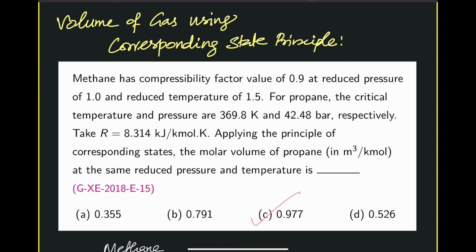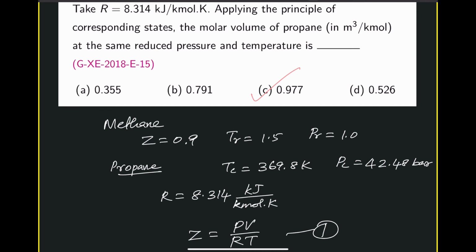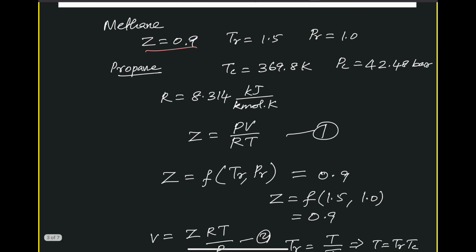Let us go through this again. We are given the data of TR, PR and Z of methane, and we are asked to find the value of V of propane based on the data of TC and PC. Z is related to pressure, volume and temperature by the definition of compressibility factor, PV by RT. From the corresponding state principle, we know Z is a function of TR and PR.